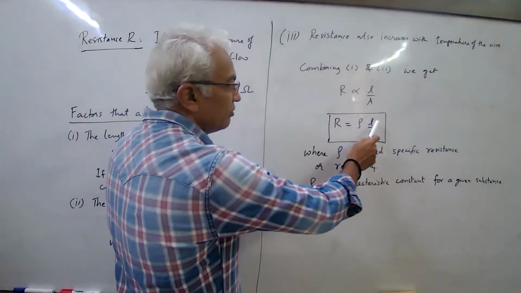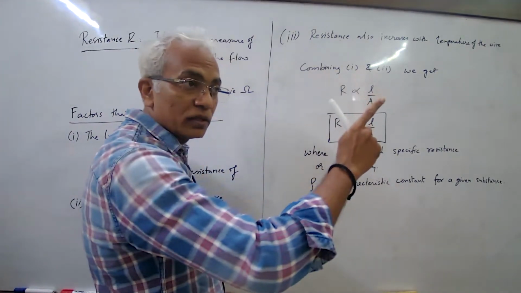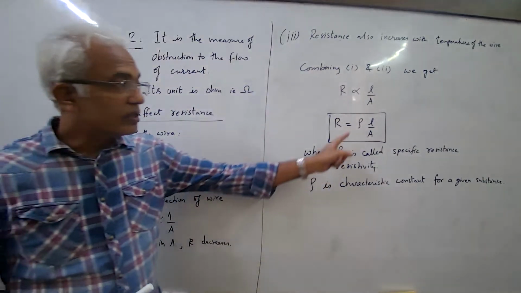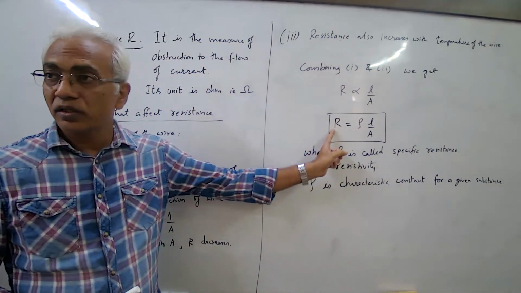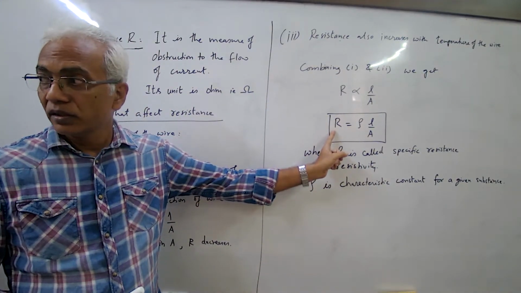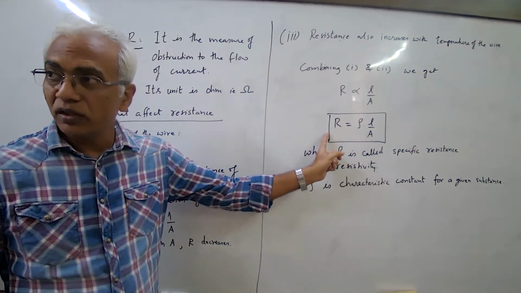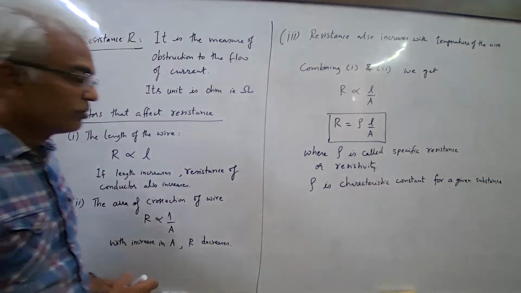In this expression, if we make L equal to 1 unit and A also 1 unit, then resistivity becomes equal to resistance. Isn't it? If we make L and A 1, what will happen? Rho will become equal to R. Right? So what is the definition of it?